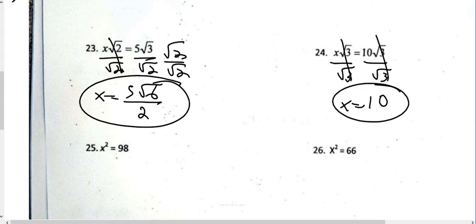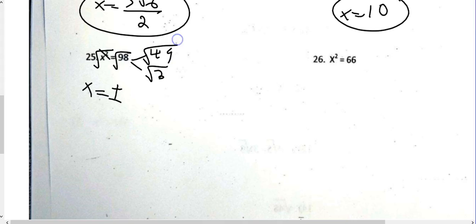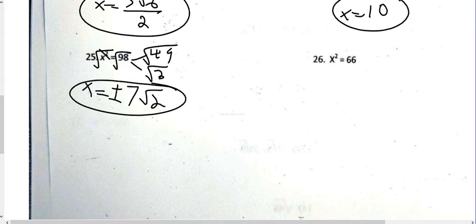Last two. Square root both sides. Plus or minus answer. 98. What goes into 98? 49. 2 times. So they're both radicals. So the square root of 49 is 7 radical 2.